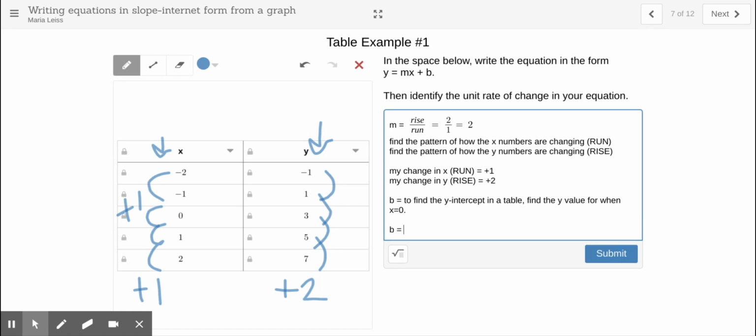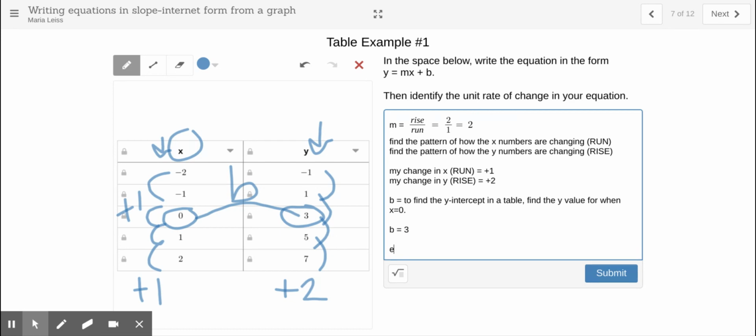So if I look over at my table, here's my x's, here's x equals 0, the number with it is your y-intercept. So in this situation, my y-intercept is 3. That's it. You have now found your slope. You have now found your y-intercept.